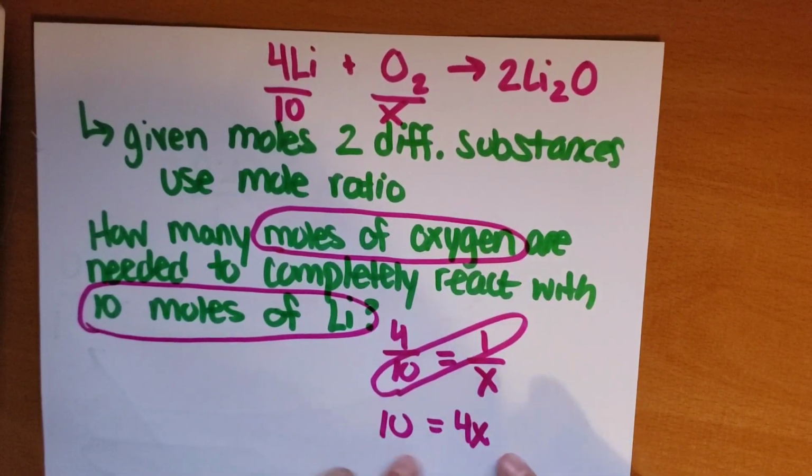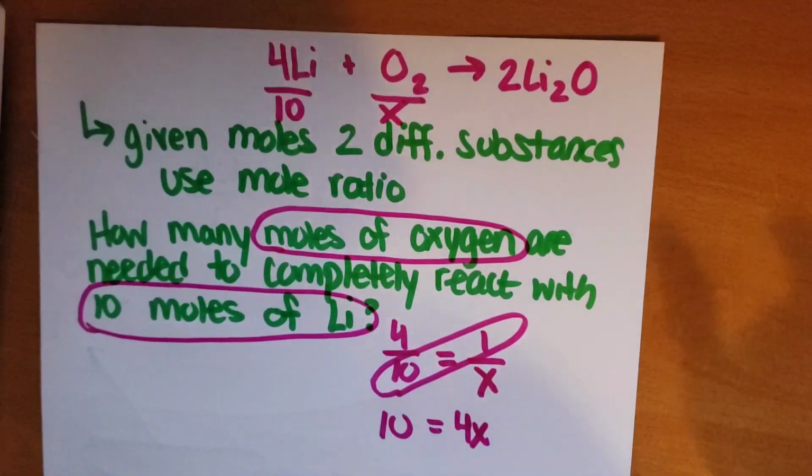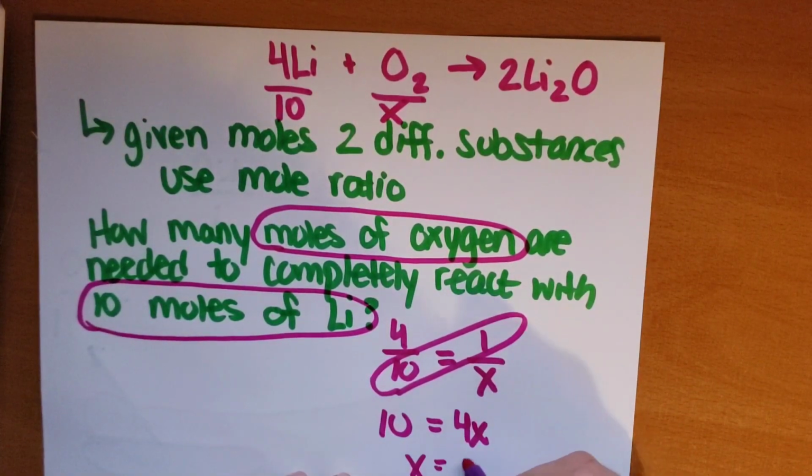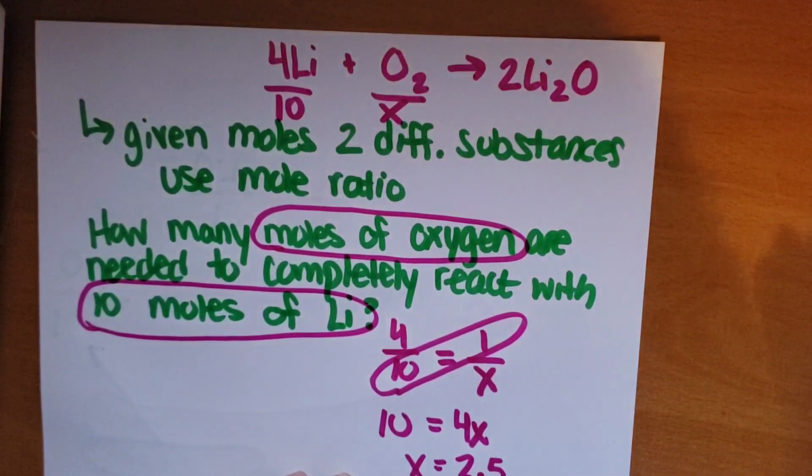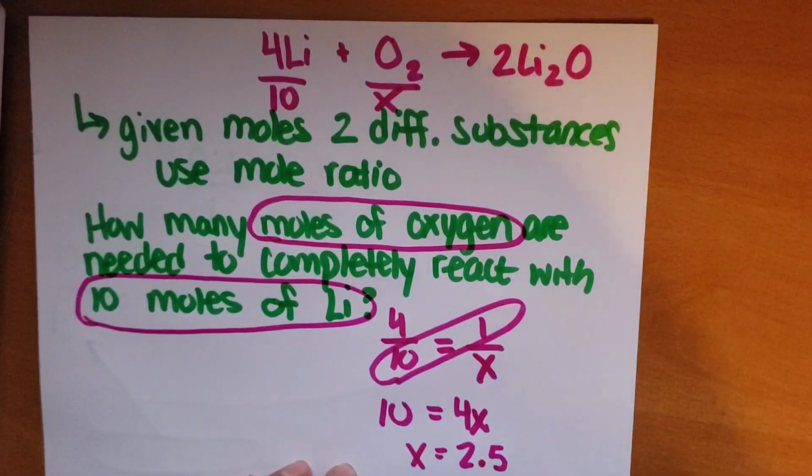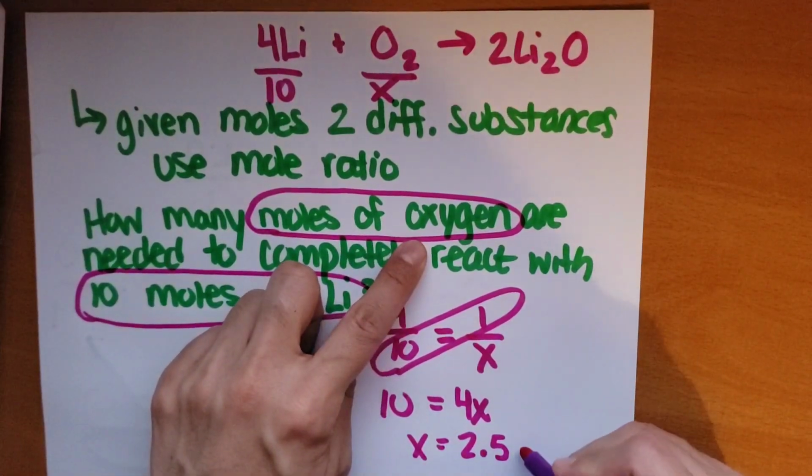And now, in order to isolate x, I'm going to divide by 4 on each side, and I will get x is 2.5, and that is how many moles of oxygen we have.